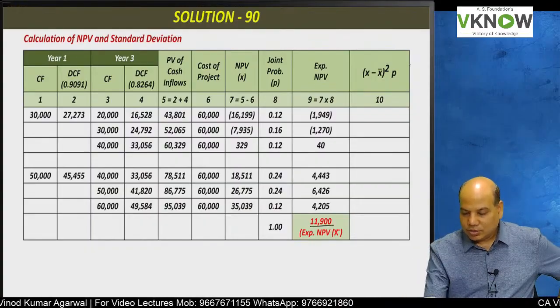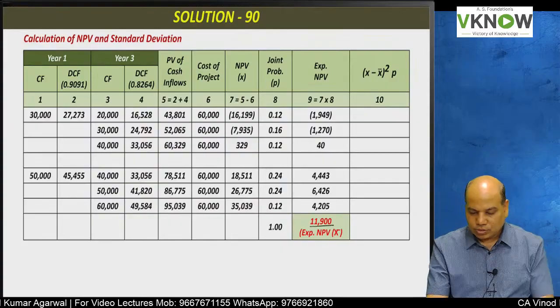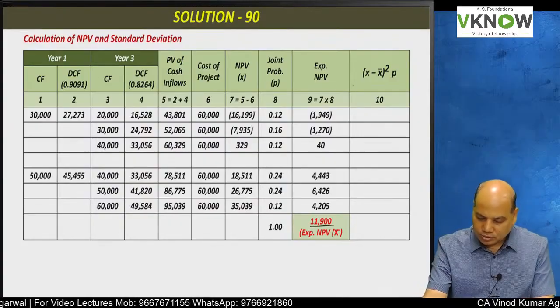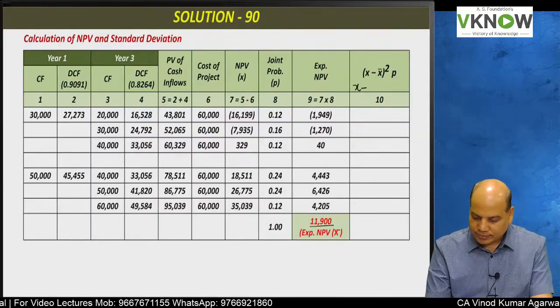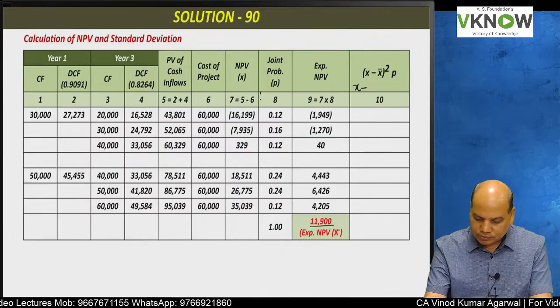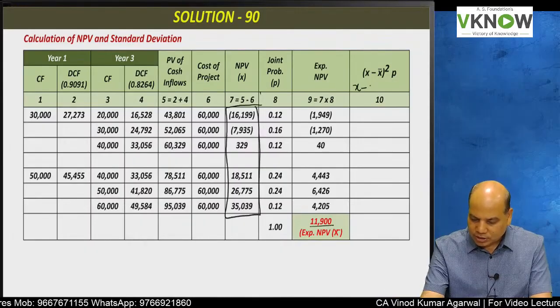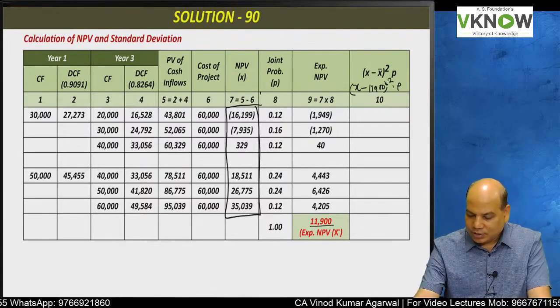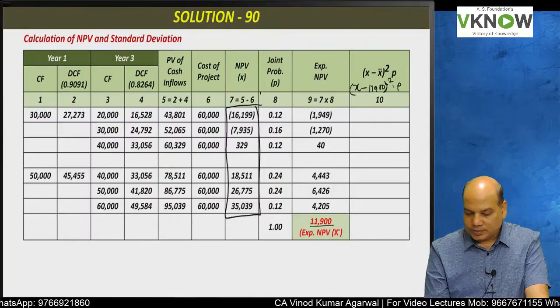Okay, now important thing is how to compute the standard deviation. X minus, what is X here? This column is X. So it is X minus 11900 square into probability.